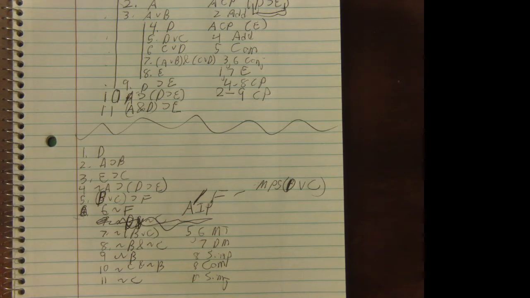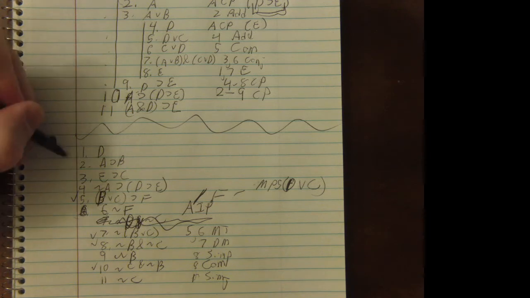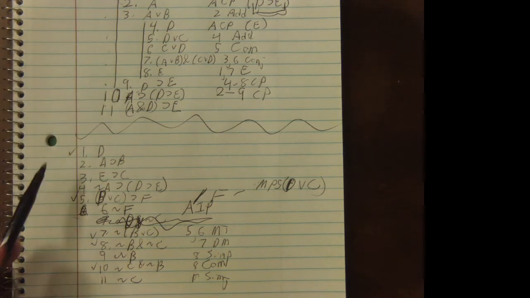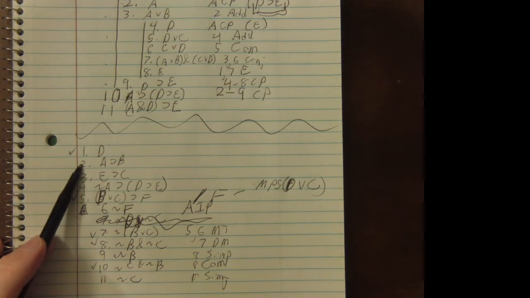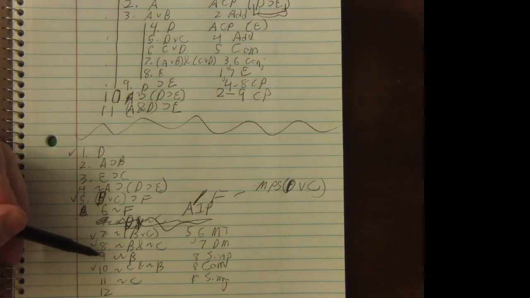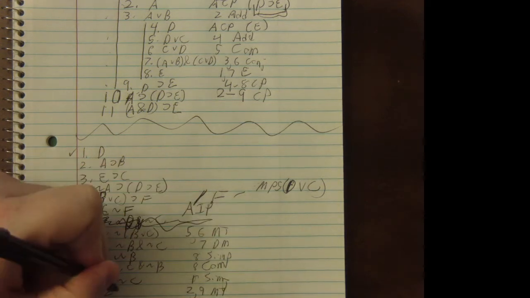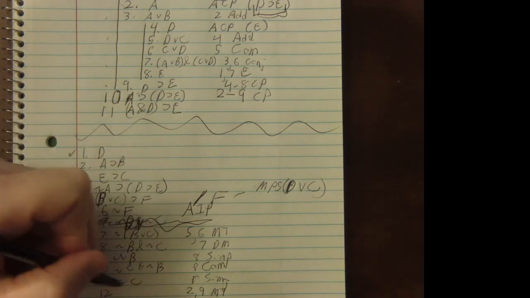Okay. And again, if you want, you could kind of check mark all of the lines you've broken up. Well, I haven't broken up 2 yet. Can I? Sure I can. I can now use lines 2 and 9 for a very straightforward modus tollens. Gives me not A.